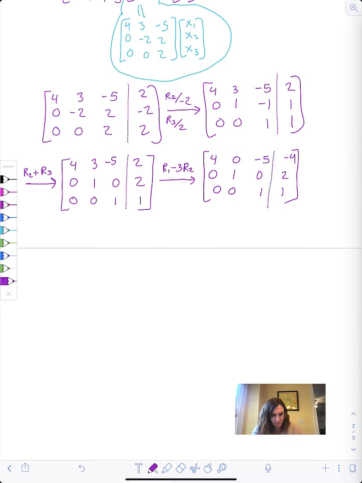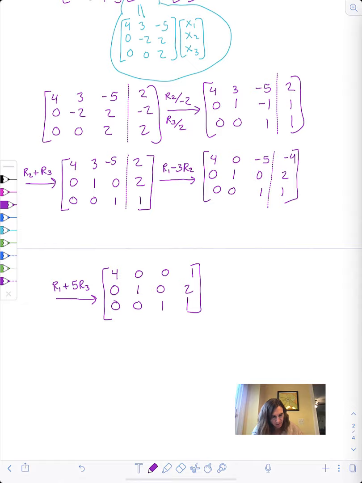And now we are going to do row 1 plus 5 row 3. I feel like that might be where we made an error. So I have 4, 0, 0, and then negative 4 plus 5 is 1. And then I'm just going to write my other entries down, and this gives us what I got when I did it before.